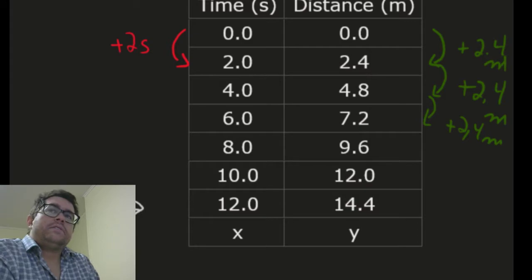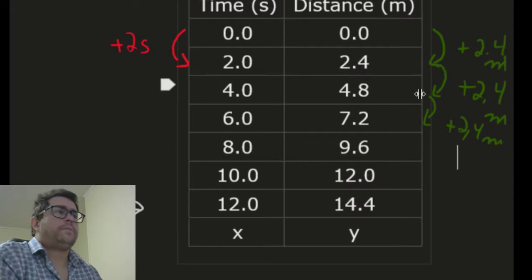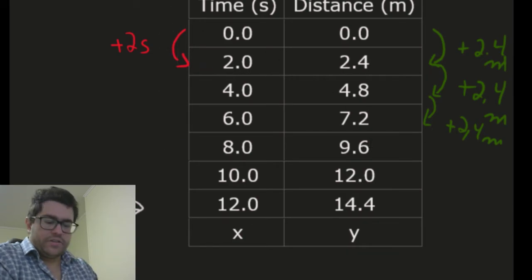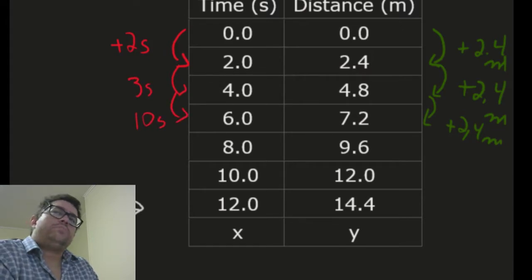Well, that means that the data tells us that this side is increasing evenly, but we have to make sure that the other side is also increasing evenly. You guys are good? Okay. Because if this side increased 2.4 meters, but then this side increased by 3 seconds, and then here it would take another 10 seconds, then there's no way it would be at constant speed. Right?